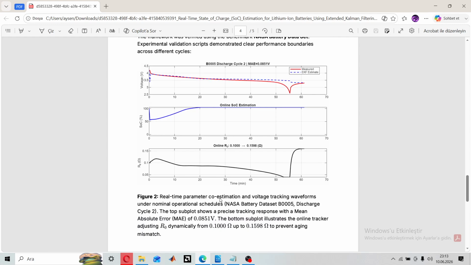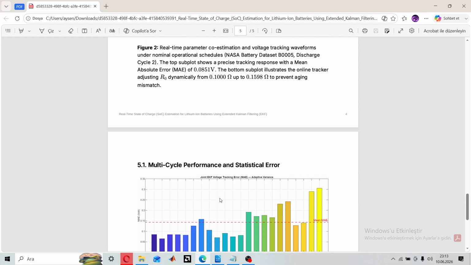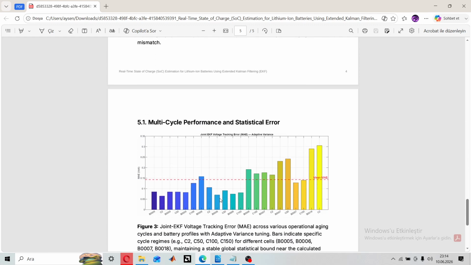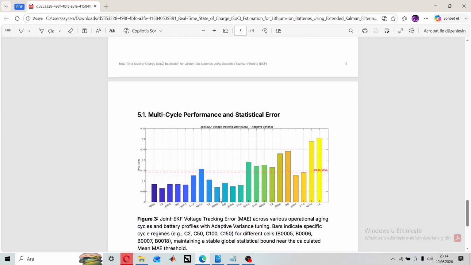To evaluate long-term multi-cycle performance and statistical error limits, let's look at this figure. While cycle 2 represents a nominal regime with tight tracking, testing under cycle 150, representing a severely aged regime, reveals that the standard EKF tracks with a persistent static error offset due to unmodeled ohmic shifts.